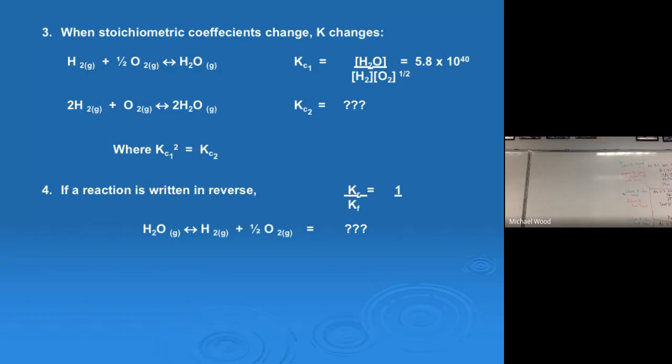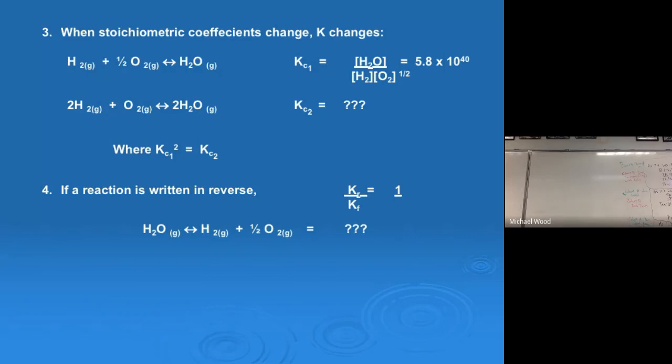If you remember delta H, when we double the coefficients, like here in the second reaction, do you remember what we did to delta H? We doubled it. Somebody said it. Here it's different. With K, we square it. I'm going to do a quick inventory, for my own sake, comparing K to delta H. But here we square it.